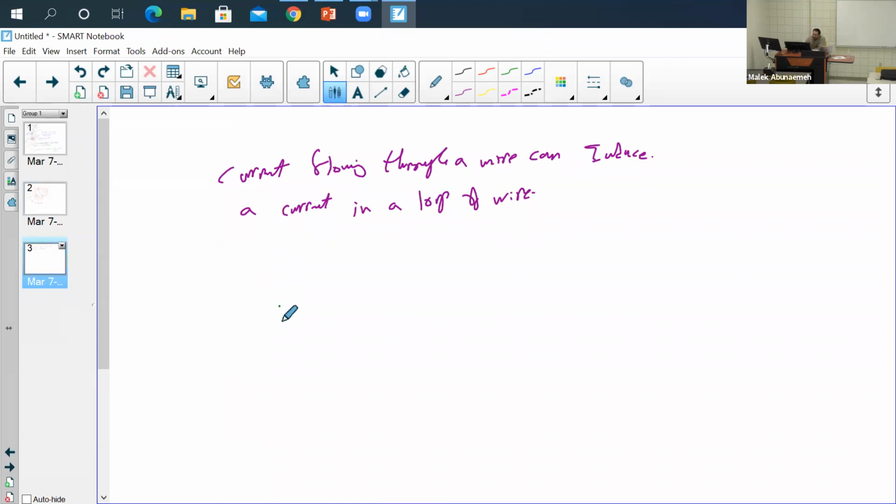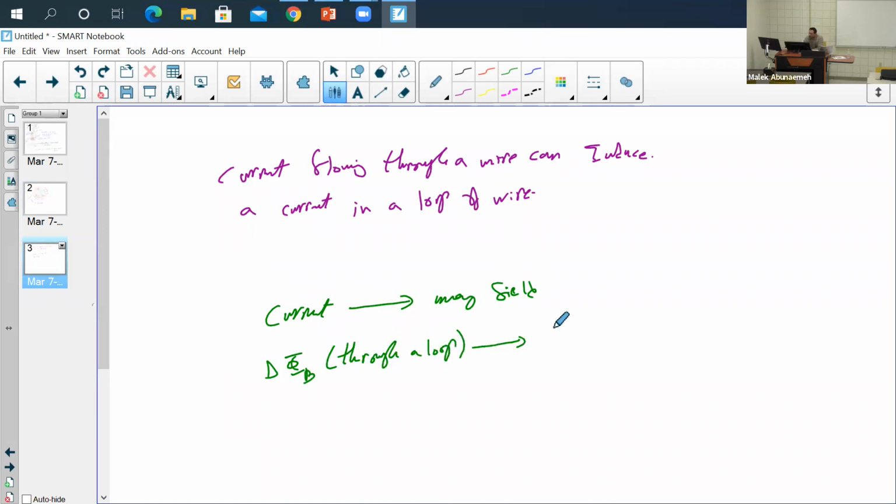That means if you have a current, you can induce a magnetic field. And same thing, if you have a change in your magnetic flux through the loop, that can also induce a current.